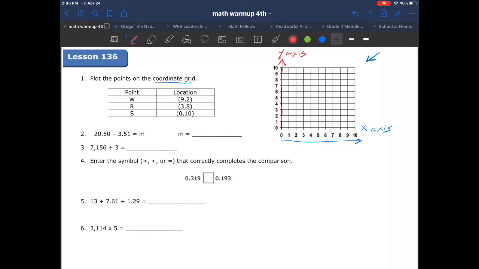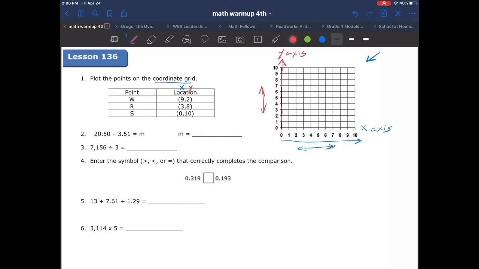And when they talk about these points, this first one is always x, and the second one is y. And x is always going horizontally, and y is always going vertically.